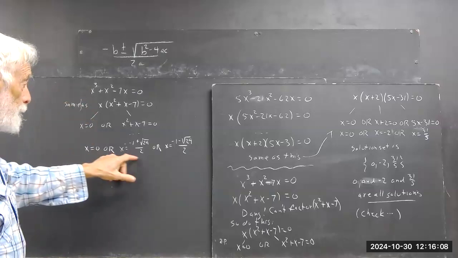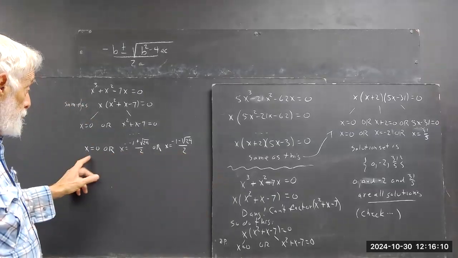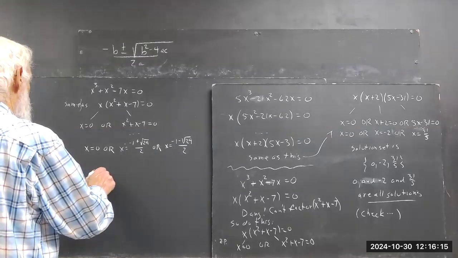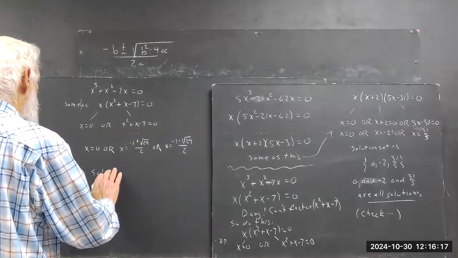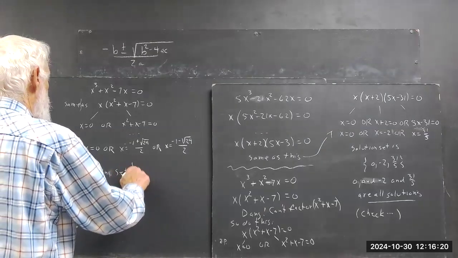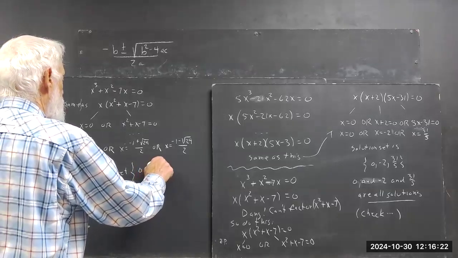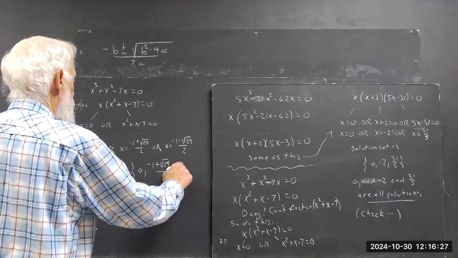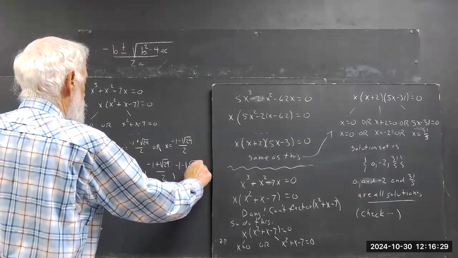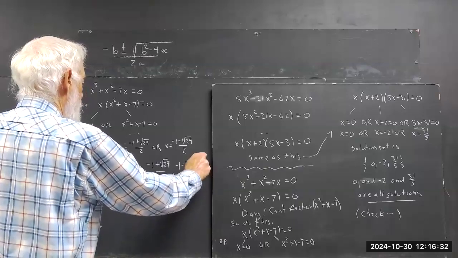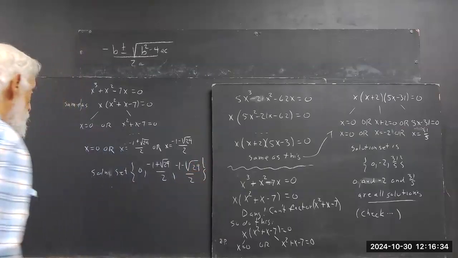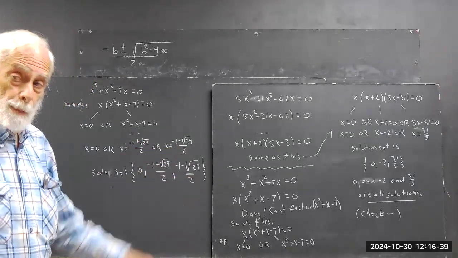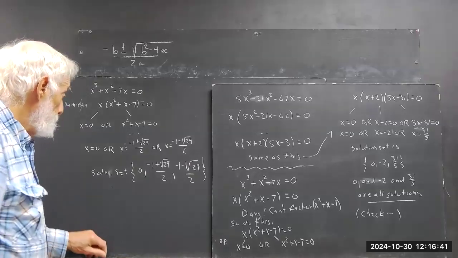Okay, so our solution set is 0, -1 plus the square root of 29 over 2, and -1 minus the square root of 29 over 2. This is a solution, and this is a solution, and this is a solution, assuming I did my arithmetic right.